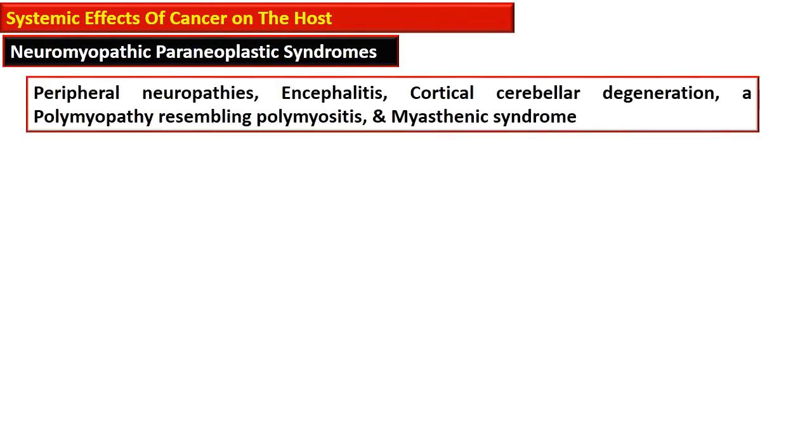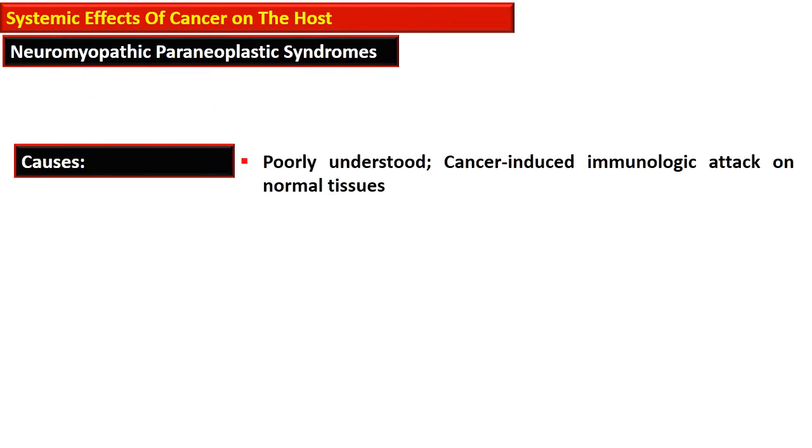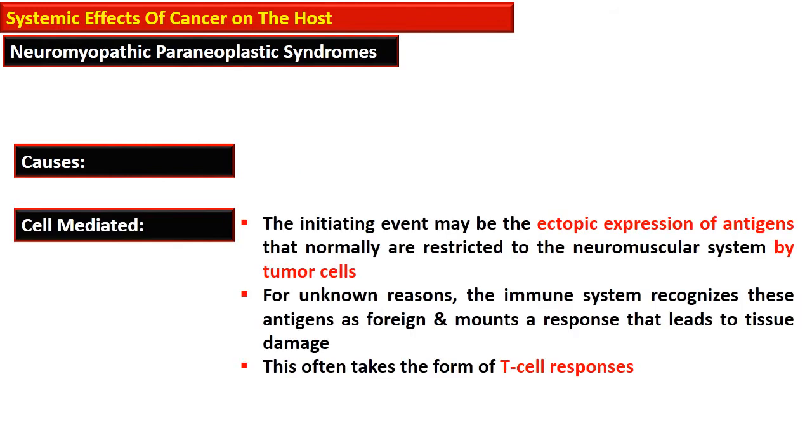Another manifestation is neuromyopathic paraneoplastic syndrome, which may take any form such as peripheral neuropathy, encephalitis, cortical cerebellar degeneration, a polymyopathy resembling polymyositis and myasthenia syndrome. Their cause is poorly understood, but it is considered that cancer-induced immunological attack of the normal tissue is responsible.